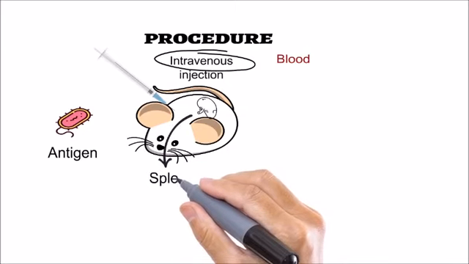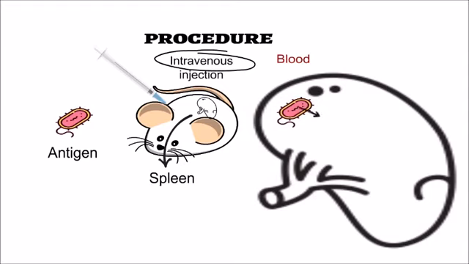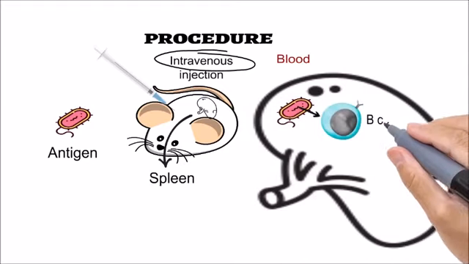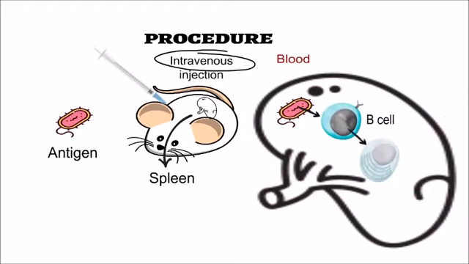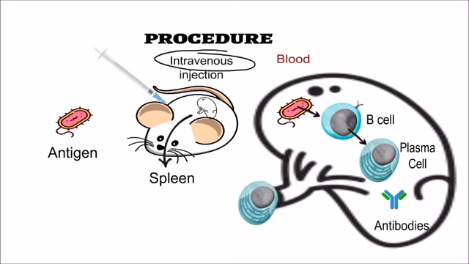Spleen is a secondary lymphoid organ. Inside the spleen, the antigen interacts with the B cells and activates them to convert into plasma cells. Once the plasma cells are produced, they secrete a large number of monoclonal antibodies against the injected antigen. After these plasma cells produce the monoclonal antibodies against our injected antigen, they are isolated from the spleen.